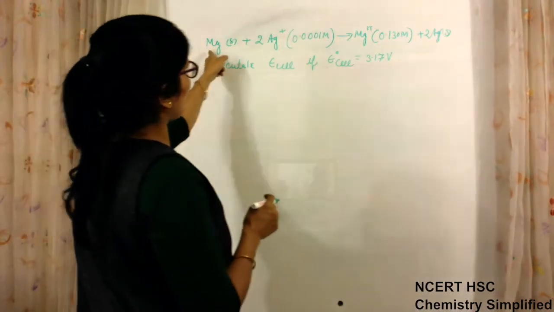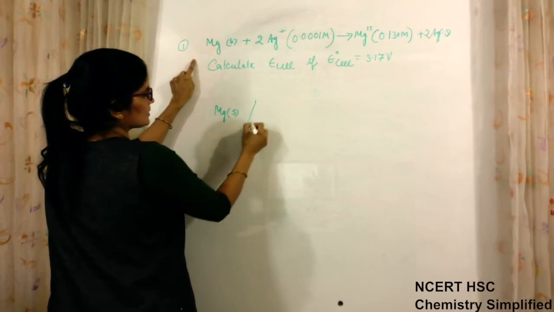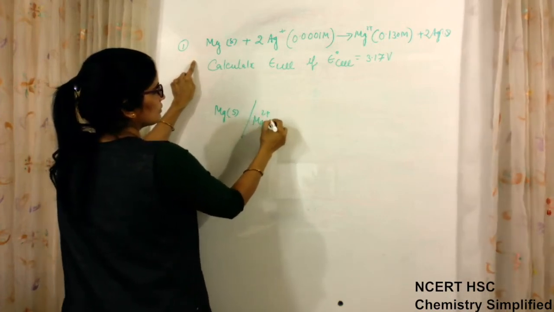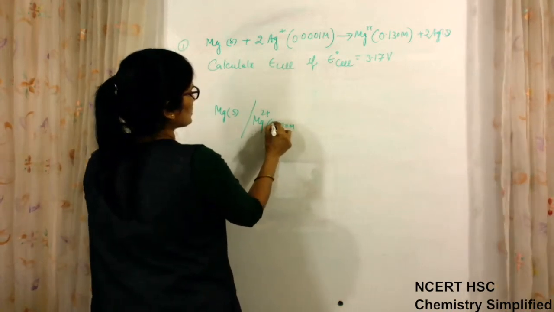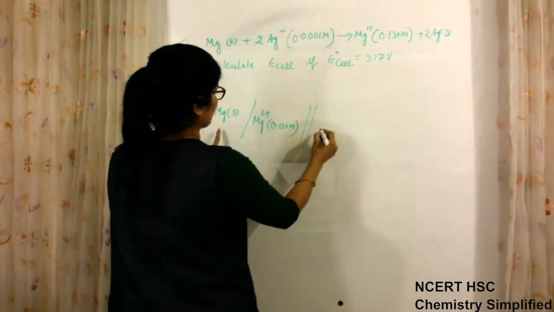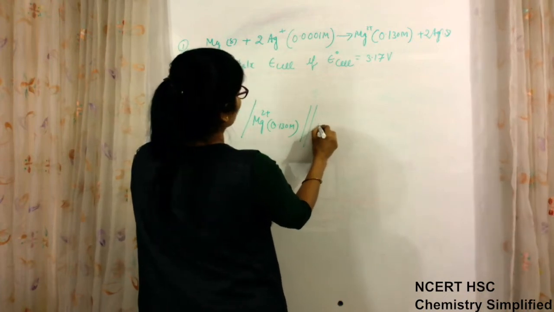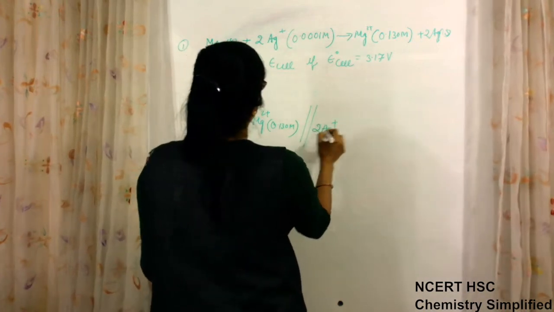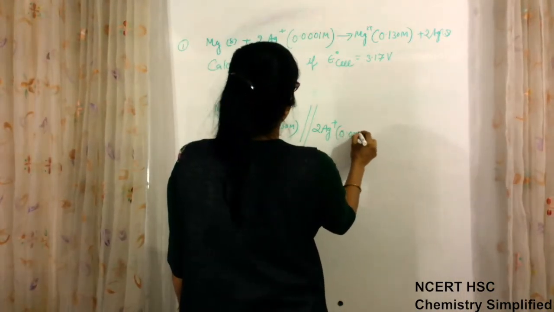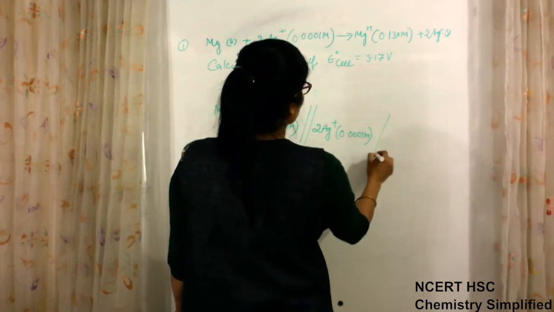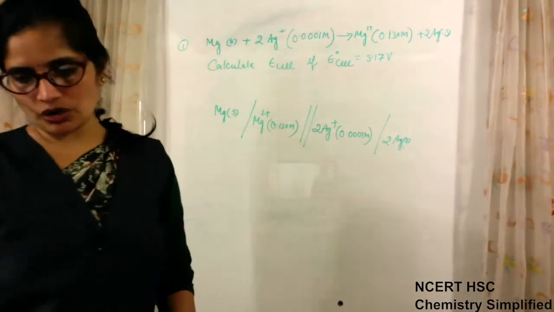Mg is oxidized, so Mg solid single slash Mg2 positive with concentration 0.130 M, double slash. Silver is reduced, so Ag positive 0.0001 M single slash Ag solid. This is the representation of the cell.